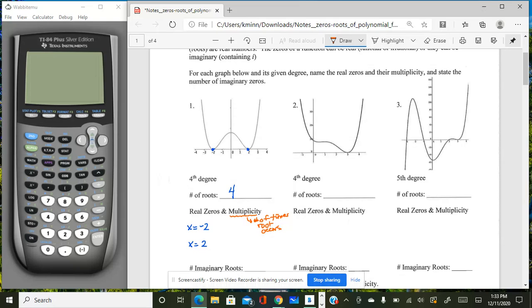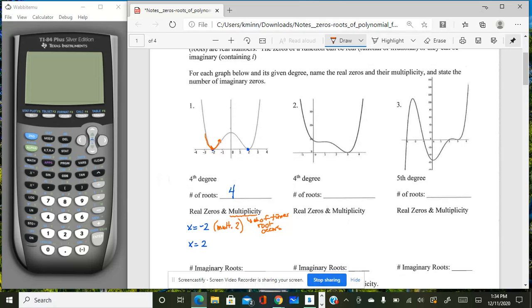Okay, so in this case, the behavior of a graph, when it changes from a decreasing to an increasing interval and is tangent to the x-axis here, that means that the value of -2 occurs twice. So this has a multiplicity of 2.